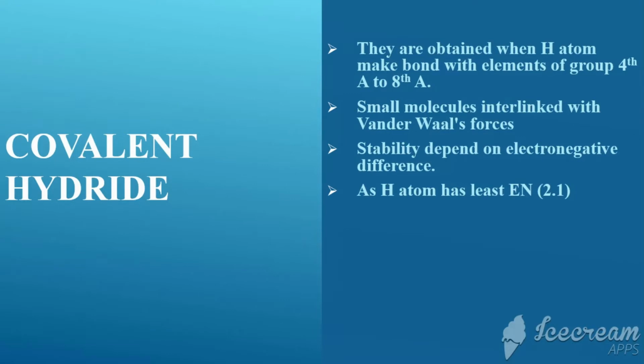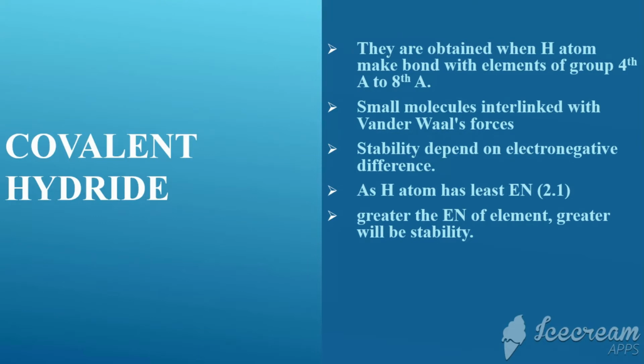Maybe London forces, maybe hydrogen bonding. The stability of covalent hydride depends on electronegativity difference. More polar is more stable, but hydrogen has least electronegativity, so where is the electronegativity difference greater? When there is greater electronegativity of the element.